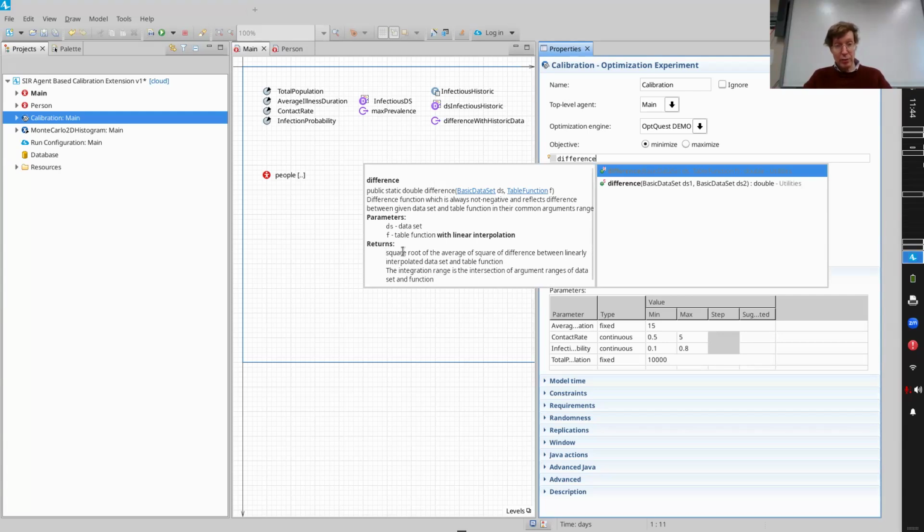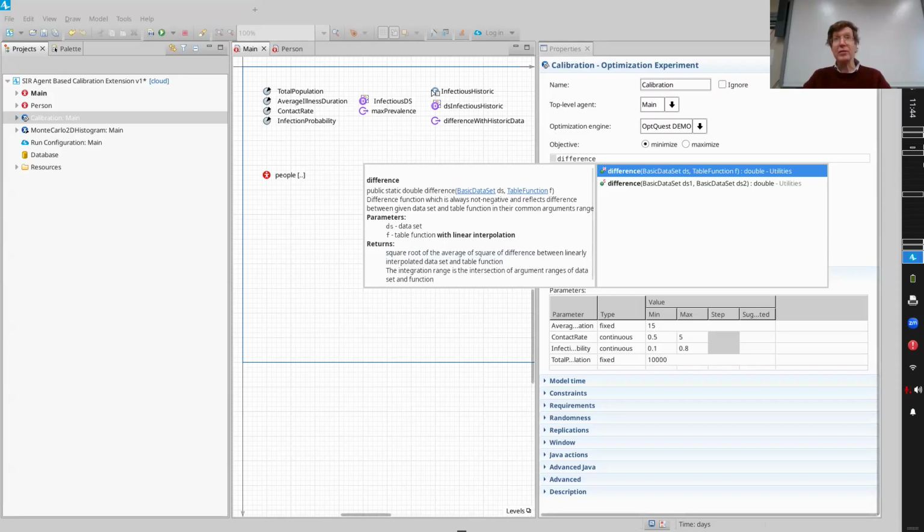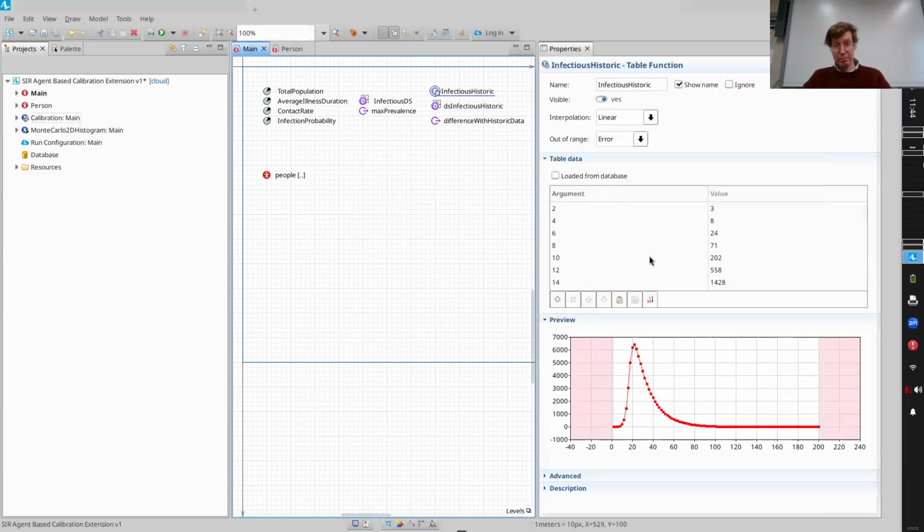And you'll notice it returns a value that's the square root of the average square of the differences between the linearly interpolated data set from the model and the table function. So we're giving it this table function we've been looking at, this historic data, and it's taking the average mismatch for each of the points within this.